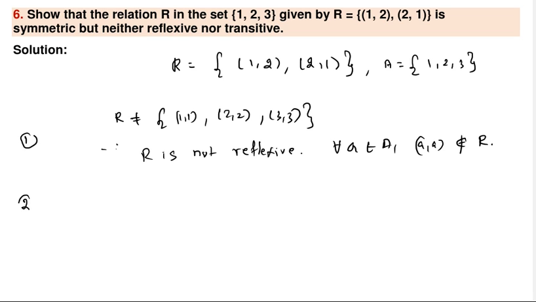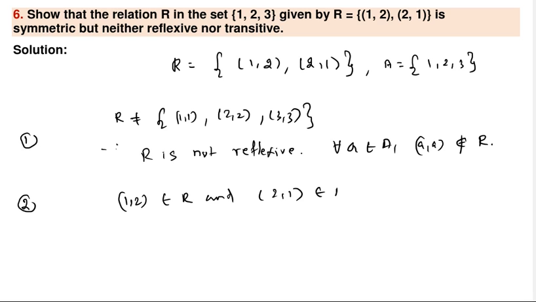For the second part, we have to confirm whether the relation is symmetric or not. Listen. There are two elements: (1, 2) belongs to R and its reverse relation, that is (2, 1). 1 is the pre-image of 2 and 2 is the pre-image of 1.